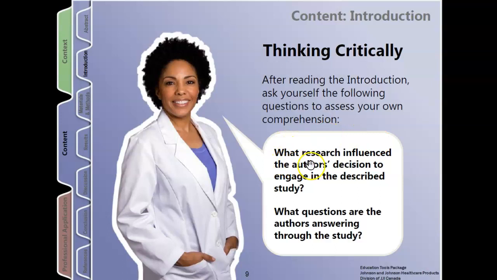You need to ask what research influenced the author's decision to engage in the described study. What questions are the authors answering through the study? So basically, when you read the introduction, you want to ask yourself if you fully understand why the researchers are doing this research. What is the reason behind why the researchers are doing this research?